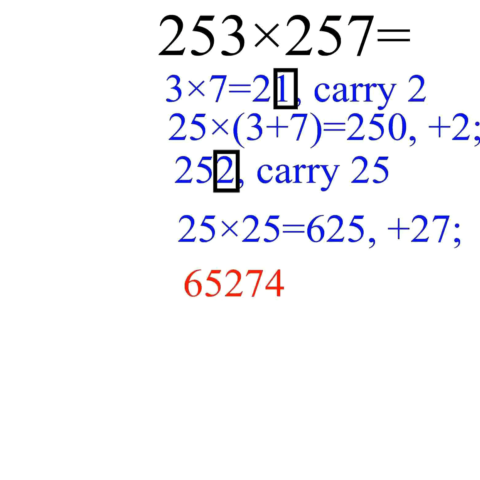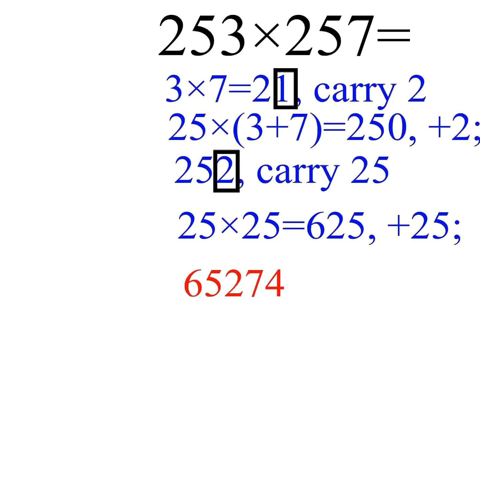Now, in the last step, we have to multiply 25 into itself, but then we should add it to 25 instead of 27. So 625 plus 25 would be 650.